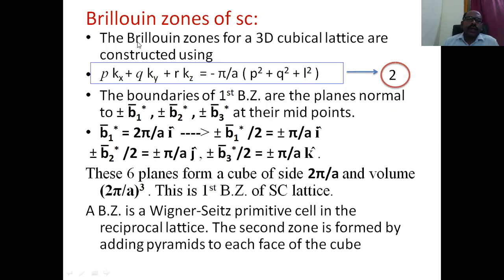So instead of taking k bar equal to kx i cap, ky j cap, kz k cap, g bar is equal to p b1 bar plus q b2 bar plus r b3 bar. By writing the g bar vector in that way, the product leads to this equation.